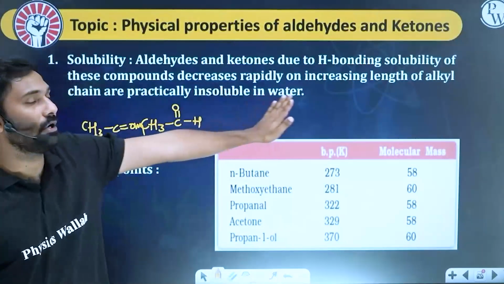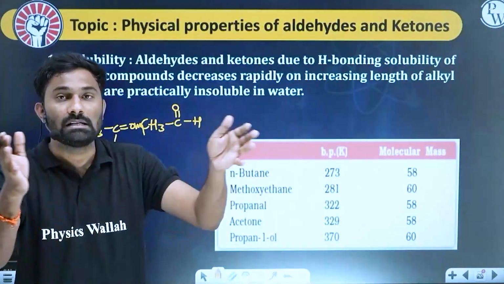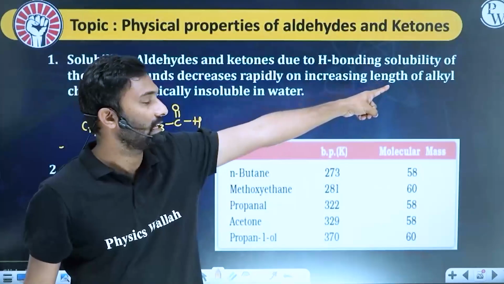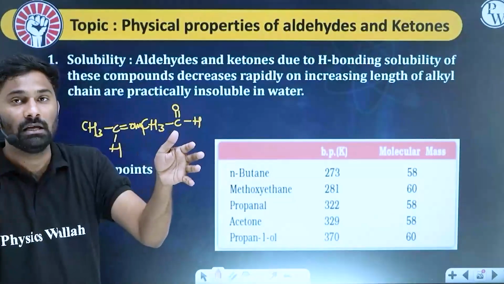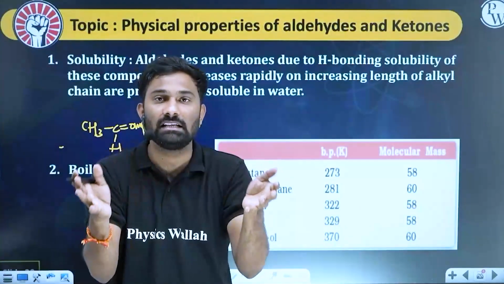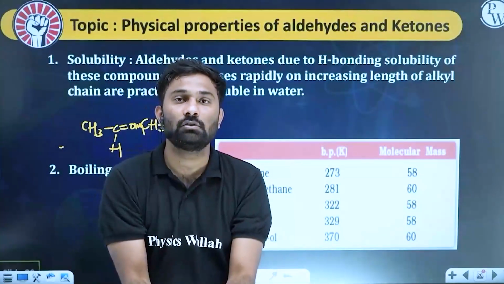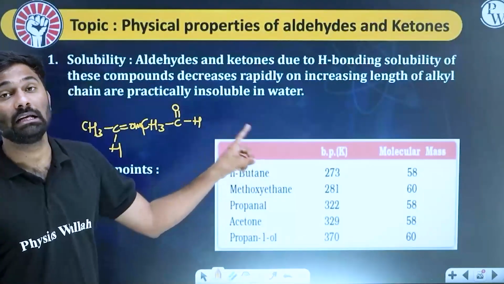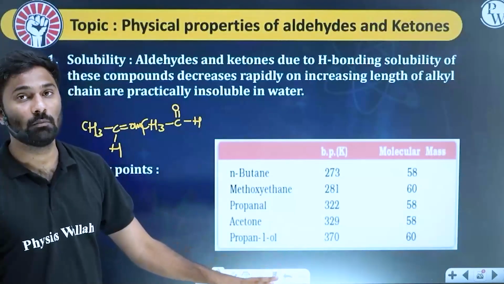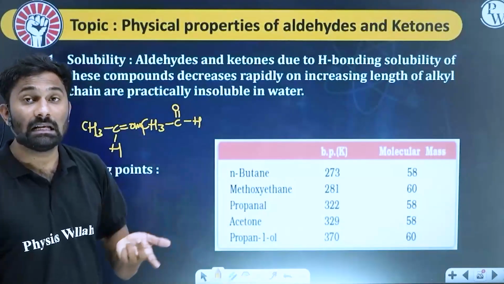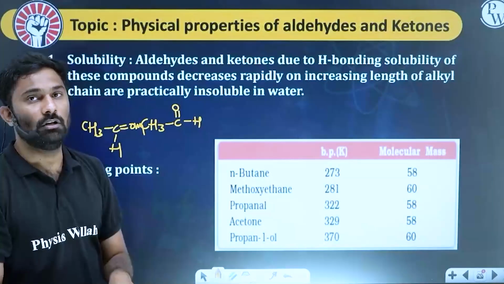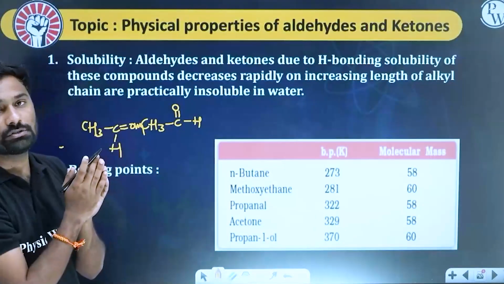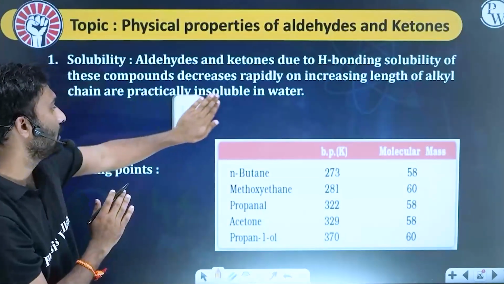As the chain length increases, rapidly on increasing the length of the alkyl group, solubility decreases. Due to the intermolecular hydrogen bonding, not intramolecular, I am saying: intramolecular means within the molecule, intermolecular means between the two molecules. Okay, so solubility decreases.